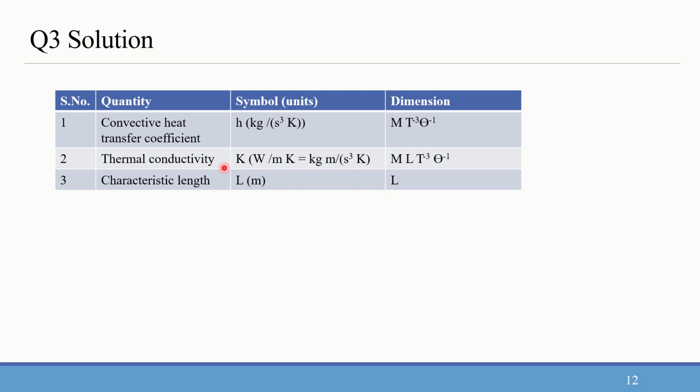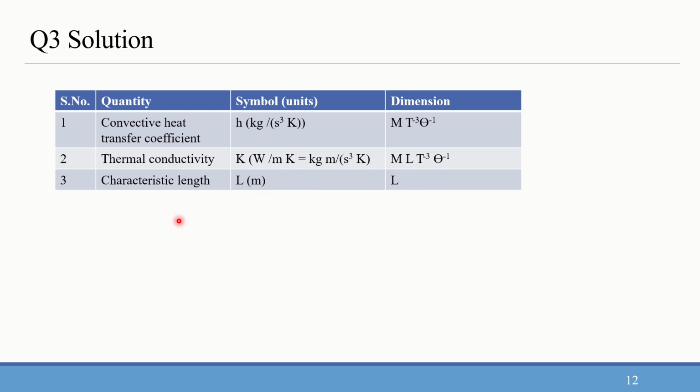If we simplify, we get the same thing. Its dimension is kg is M, meter is L, S cube is T to the -3 and Kelvin is theta to the -1. And characteristic length is L in meter, and its dimension is L.